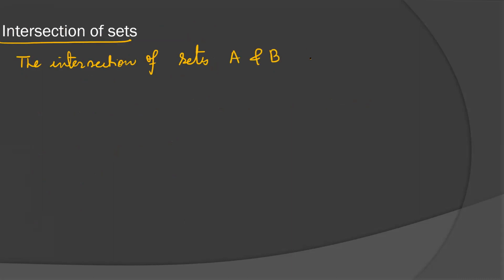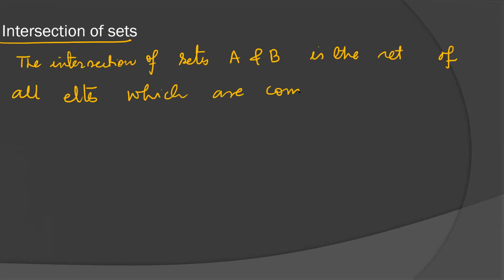Let's see what the intersection of sets is. The intersection of sets A and B is the set of all elements which are common to both A and B. What is the definition?